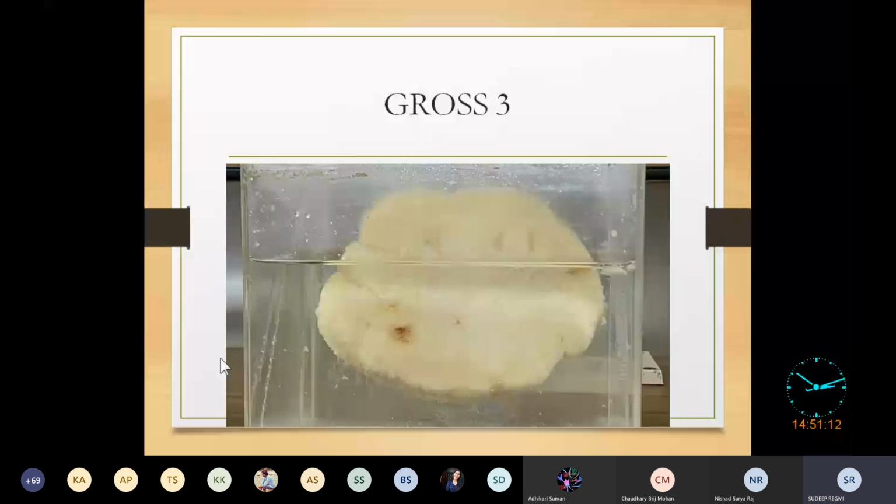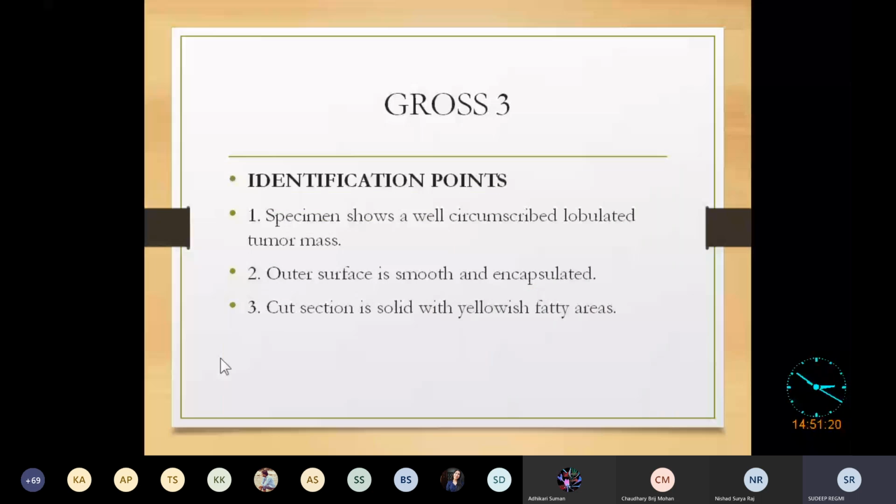All right, so we'll go through the specimen. It is a well circumscribed lobulated tumor mass, and the outer surface is smooth and encapsulated. From these points, we know that this is a benign tumor. The cut surface is solid with yellowish fatty areas.